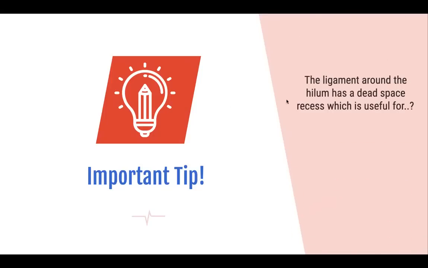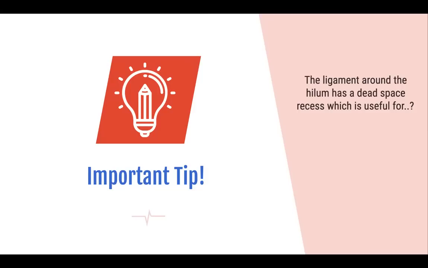Now, important tip again. The ligament around the hilum has a dead space recess, which is useful for what? Does anyone know? For when the vessels are distended, so they have space for dilation.